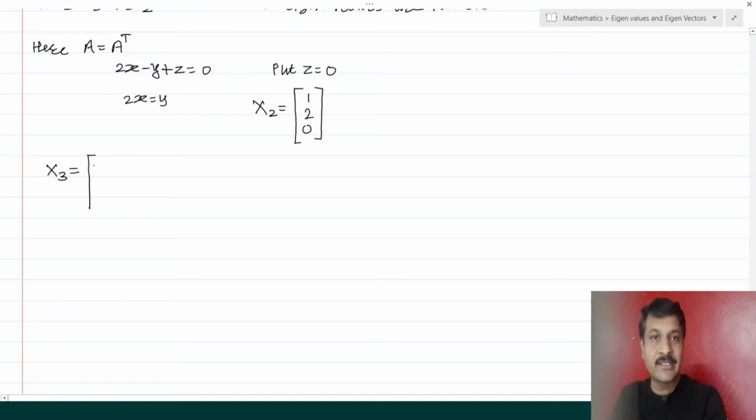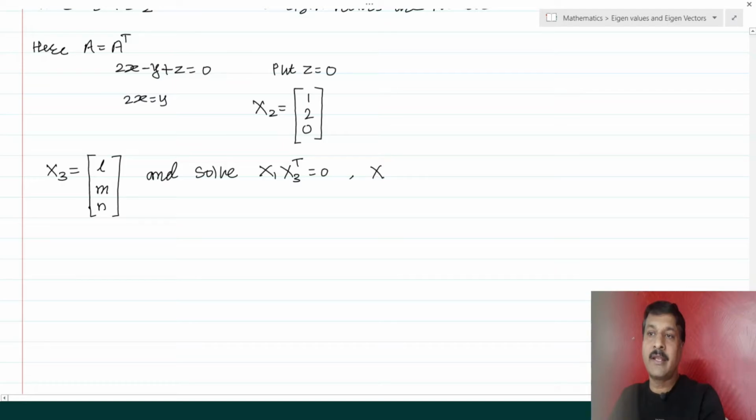Now the corresponding third eigenvector I am going to consider, because it is a symmetric matrix, and we know that in a symmetric matrix eigenvectors are orthogonal. That is why I am going to consider L, m, n and solve x1 x3 transpose equal to 0 and x2 x3 transpose equal to 0.